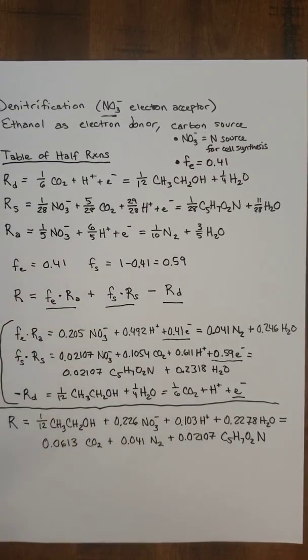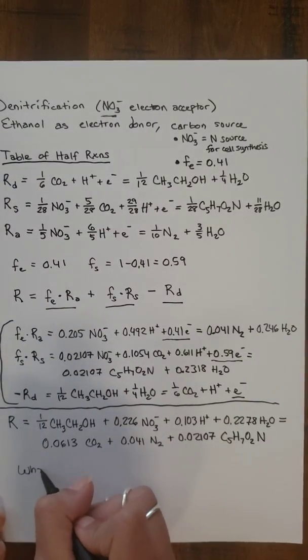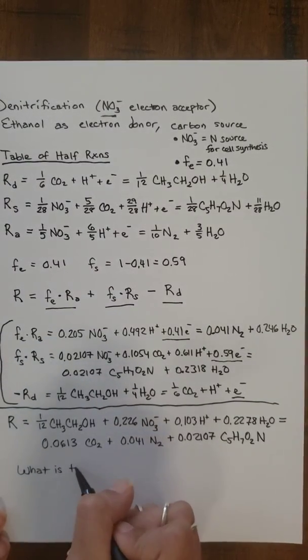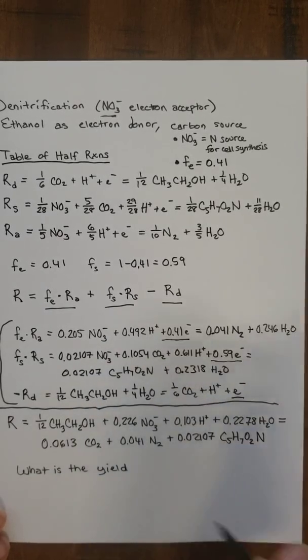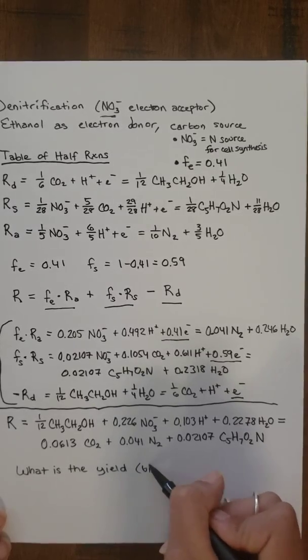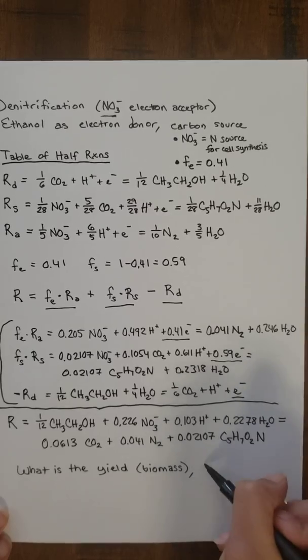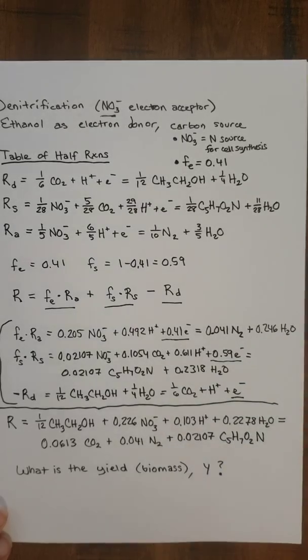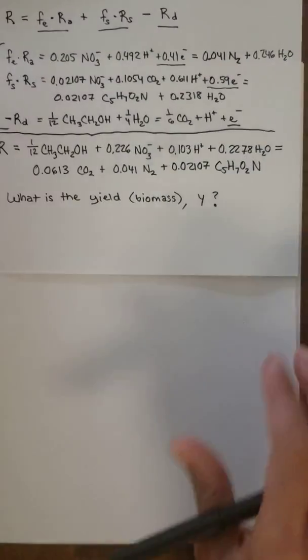If we were asked, for example, what is the yield coefficient or biomass yield, if you will, Y. We can calculate that. And so let's switch to a new sheet here.